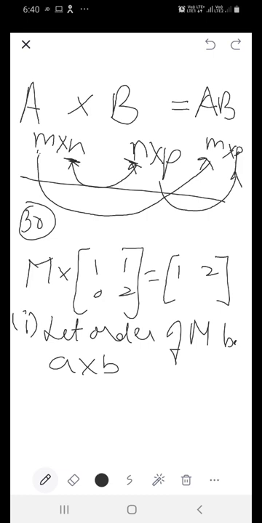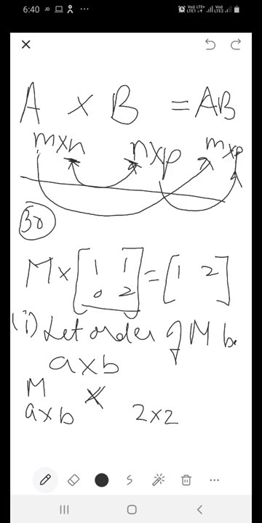Now I am going to write the order for all. The first matrix has the order A by B, and it is multiplied by the matrix which has the order 2 by 2.